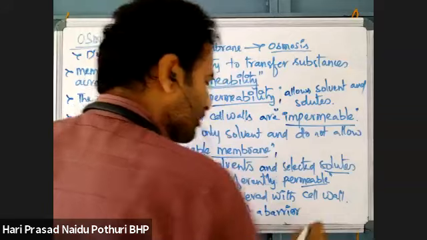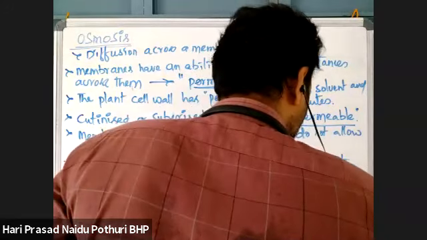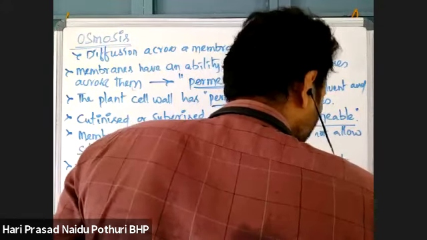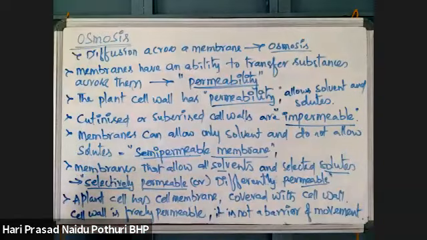Barrier means which stops movement. Cell wall is freely permeable, so it is not a barrier for the movement. But the cell membrane is semi-permeable in nature. You copy this, then we'll continue.